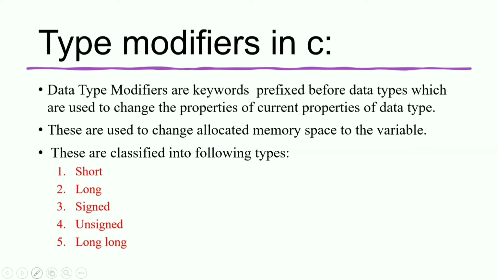Next, what are modifiers in C? So up till now, we have seen the integer data type. If we want to change the properties of a data type, we will use these kinds of modifiers.